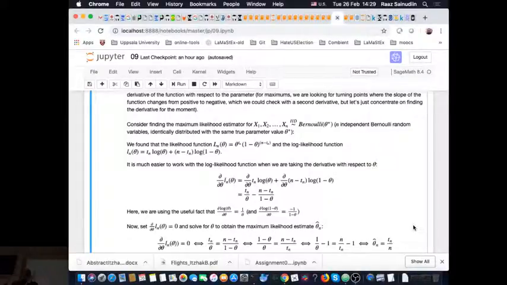Then we go to these solutions and evaluate the second derivative of the log likelihood function with respect to theta, and check that it is actually negative. So how do I remember this? I always forget this, but I have a very simple trick.